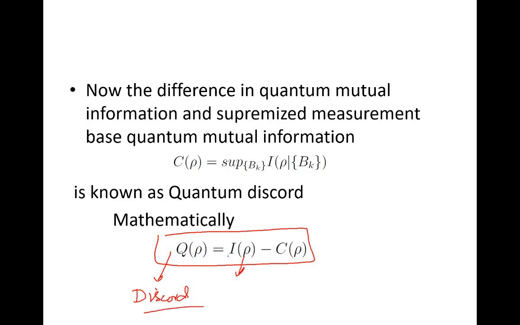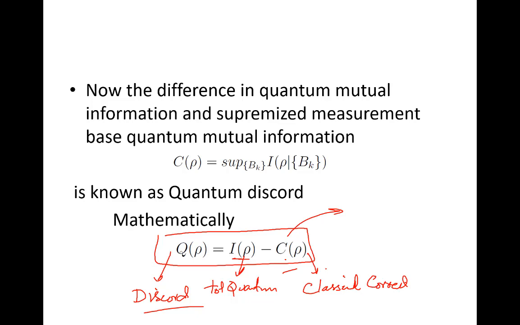Means you have total quantum information and you subtract classical correlations, because classical correlation is the information left in a system after performing the measurement. So if you perform the measurement, then the dependency of those states will be removed, and then only classical information will be left.